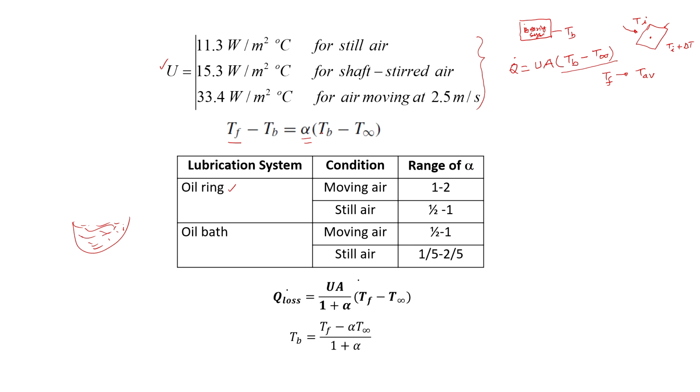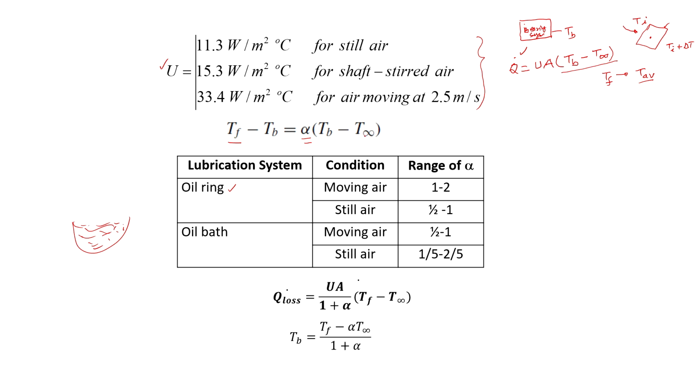So, knowing the value of alpha, now we can write this equation in terms of the fluid temperature, which is based on the average temperature, and the atmospheric temperature. So, this Q loss will equal UA, and in place of Tb minus T infinity, we can write Tf minus T infinity.